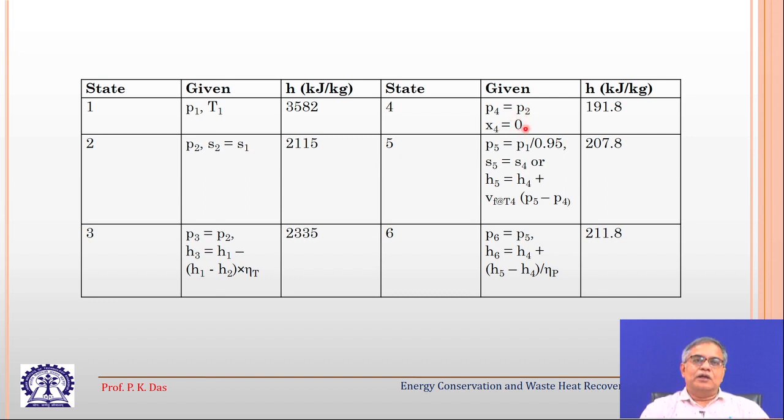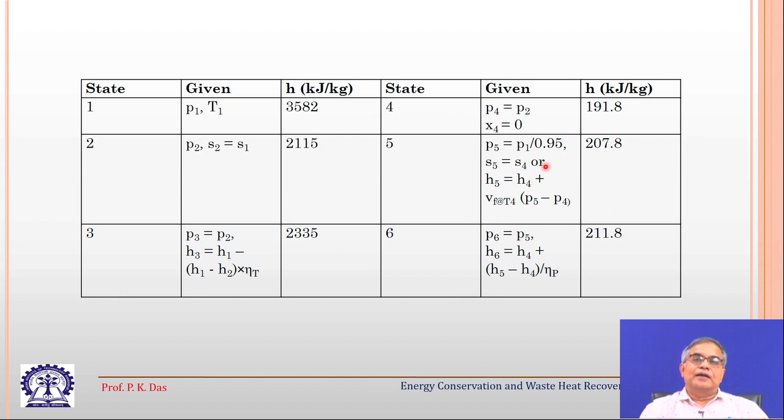It is assumed in most cases that the liquid which comes out of the condenser is in saturated condition, a saturated liquid. So, we will have X4 equal to 0, and from there we can find the enthalpy, that is hf at 4, 191.8 kilojoule per kg.